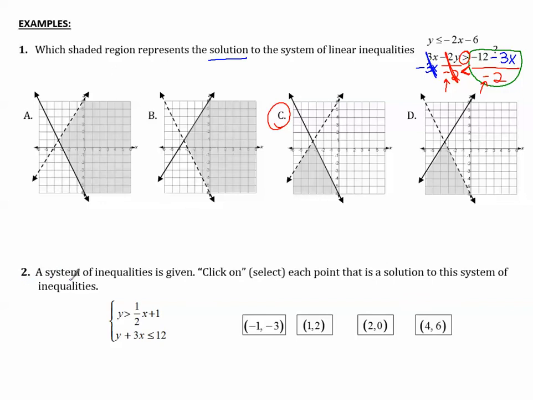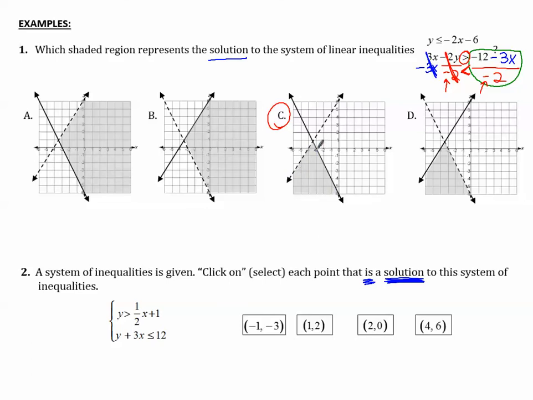Number 2, a system of inequalities is given. Click on, that means select, each point that is a solution to this system of inequalities. So we want it to be a solution. It is a solution to the system. That means that it will be a point that is in the shaded region, not on the dashed line.